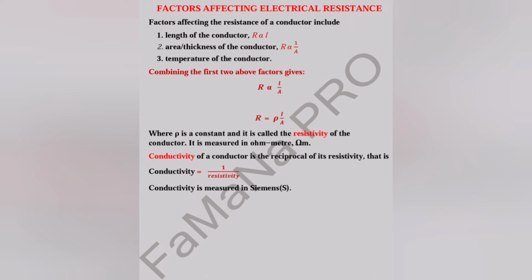The larger the area of the conductor, the lower its resistance. The third factor is the temperature of the conductor. Resistances of some conductors get higher as the temperature increases.